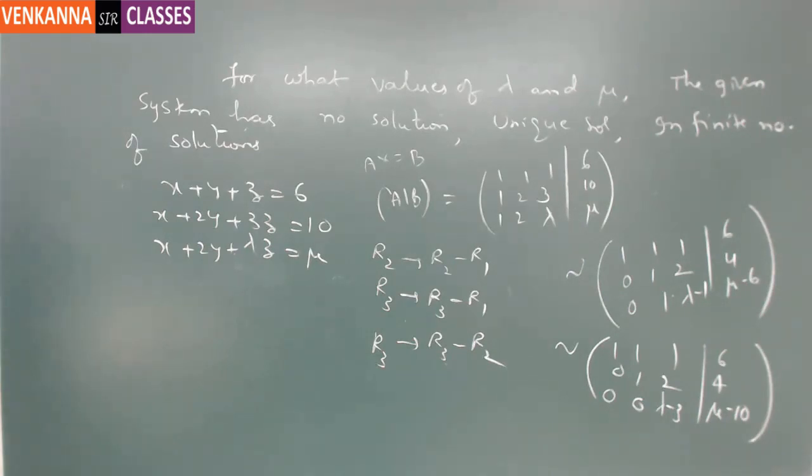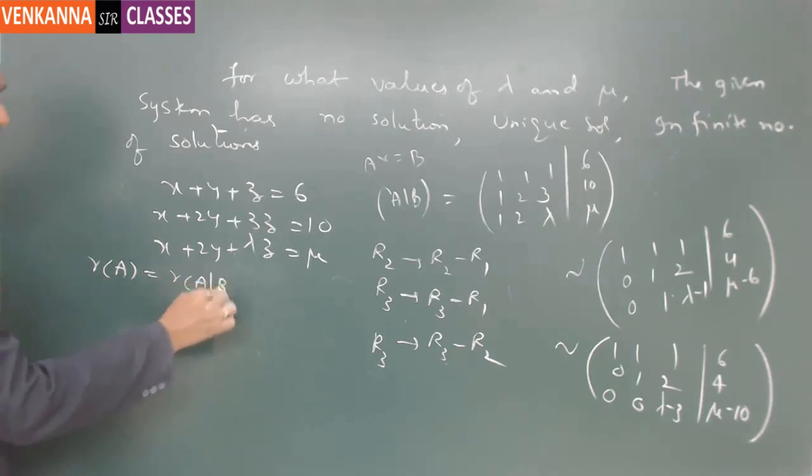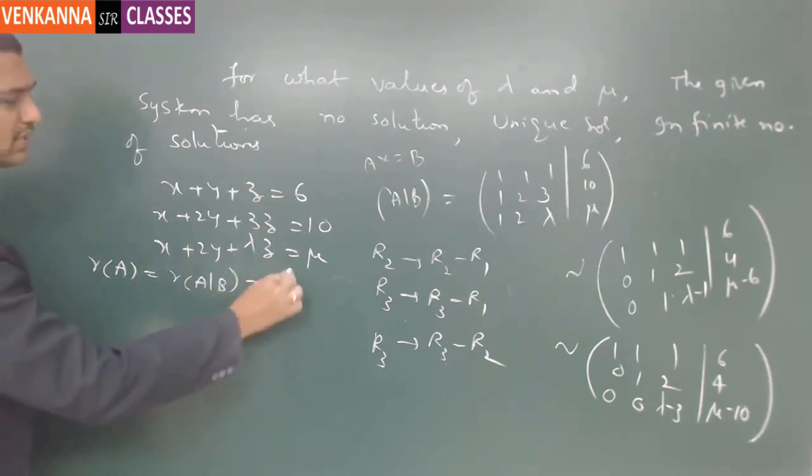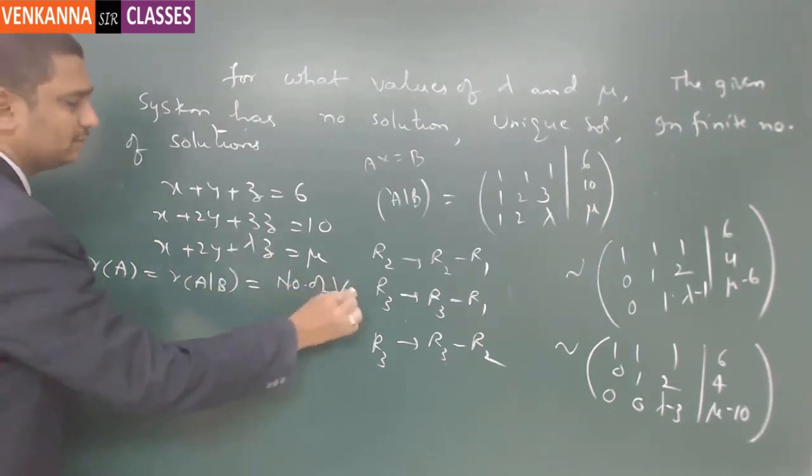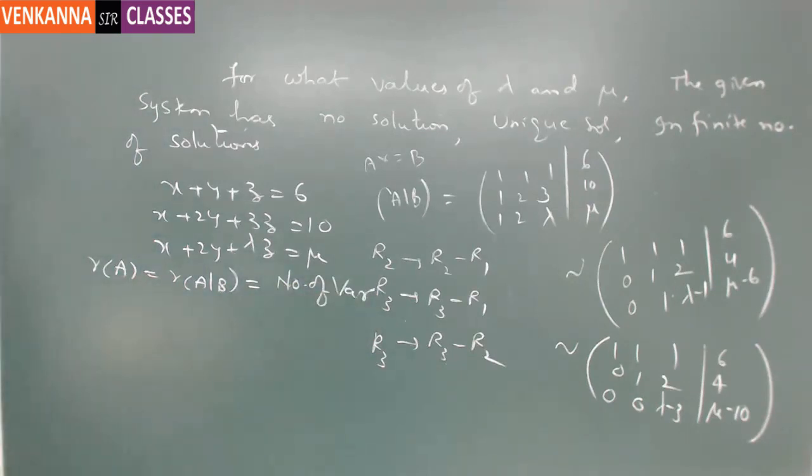So if you want to check for a unique solution, what is the criterion? Rank of A, rank of A|B, and the number of variables must all be equal. Then you will get a unique solution. So rank of A must be 3, rank of A|B must be 3, and here the number of variables is 3.